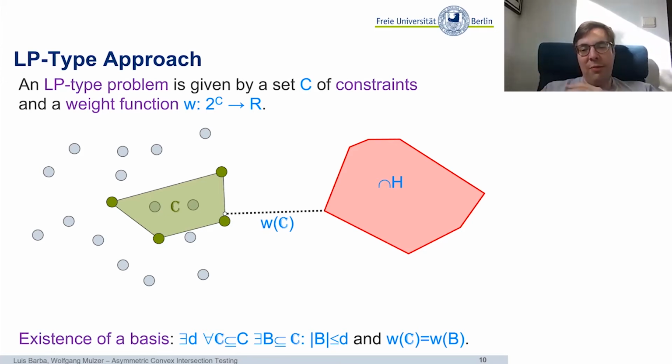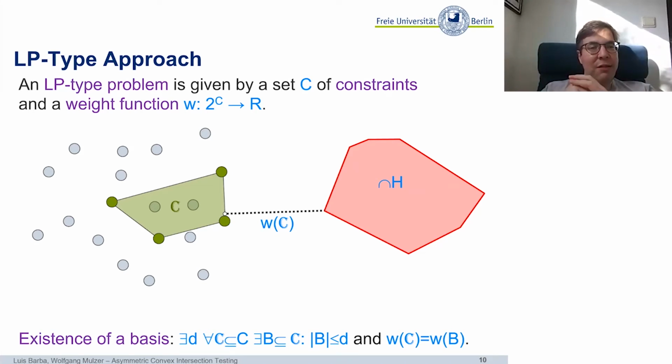This is something that basically carries over from linear programming. We want the LP-type problem that we want to solve to have the property that there is a basis, and that means that there exists some constant d, which is called the combinatorial dimension of the LP-type problem, such that for any possible subset of the constraints, there exists a basis in this subset that has at most d elements, such that the weight of the subset C of the constraints is already defined by the basis.